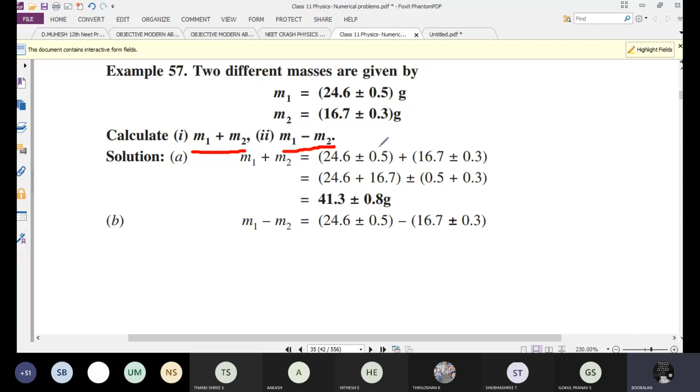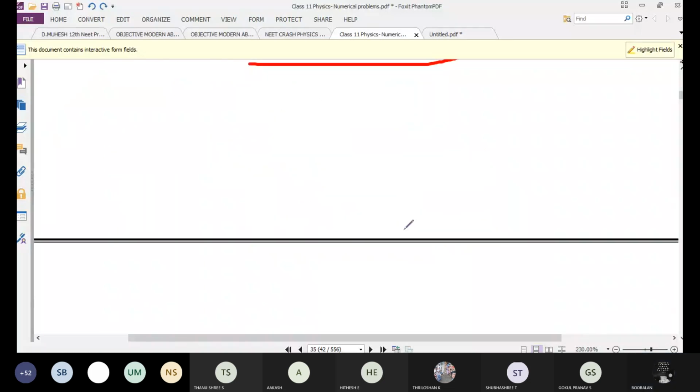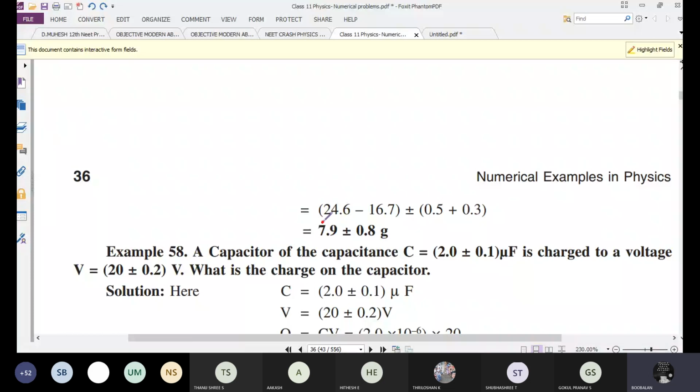24.6 plus or minus 0.5 minus 16.7 plus or minus 0.3. So true value minus one more quantity's true value. Next, the mean absolute error also. 24.6 minus 16.7, true value, plus or minus.